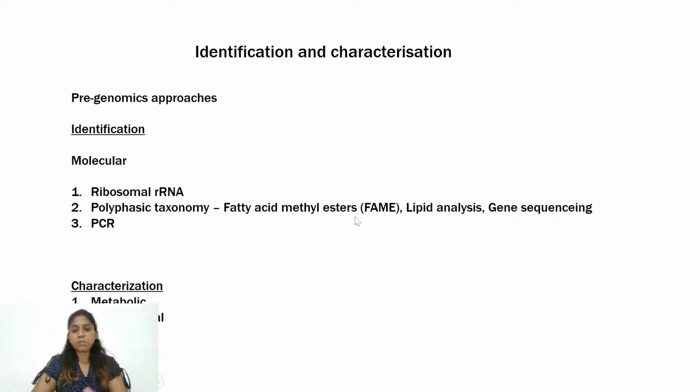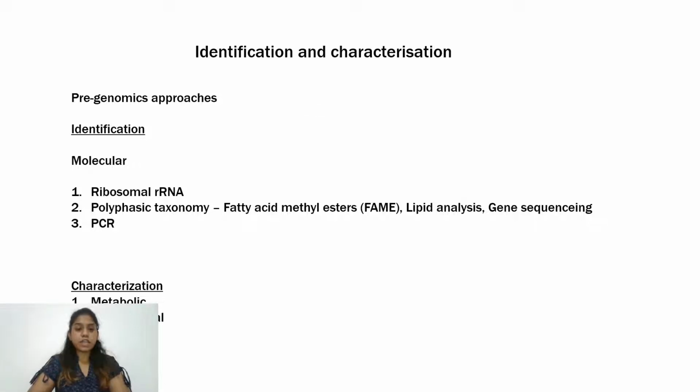The fatty acid methyl ester metabolism of the different microbes is used for classifying them, analyzing the different lipid metabolism and lipid analysis. All of these are different phases of taxonomy which can be used for classifying microbes. And there is the PCR based strategy, where we use PCR for sequencing different markers. So these are pre-genomic molecular techniques which can be used for identification of the microbes.